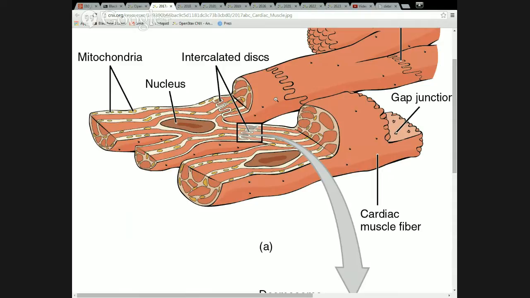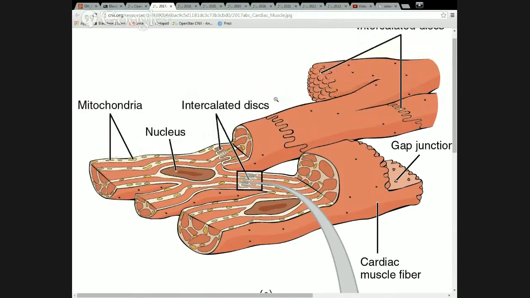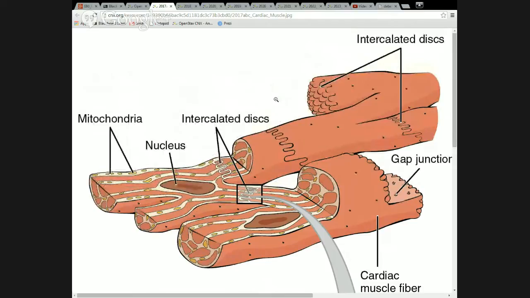Now, what we don't see in that tissue, and it's actually not commonly seen in most cardiac muscle tissue in the microscope, is the fact that it's striated muscle. When you learned about skeletal muscle, you learned that was striated. And the striations came from the staining pattern of the proteins in the tissue.